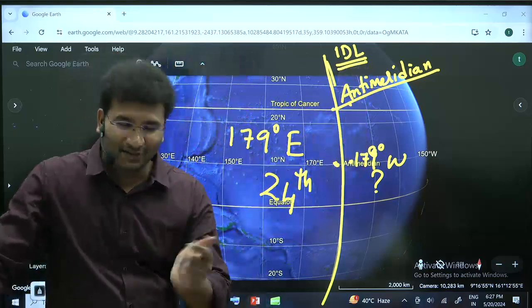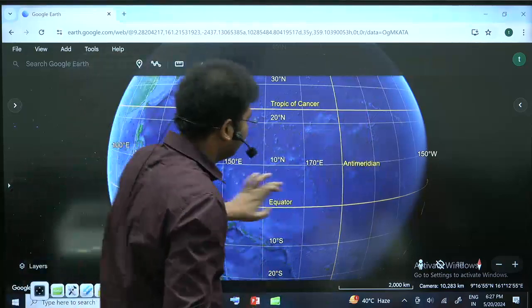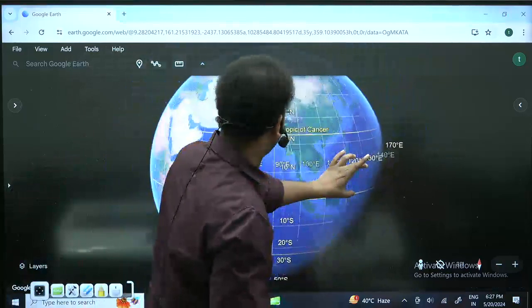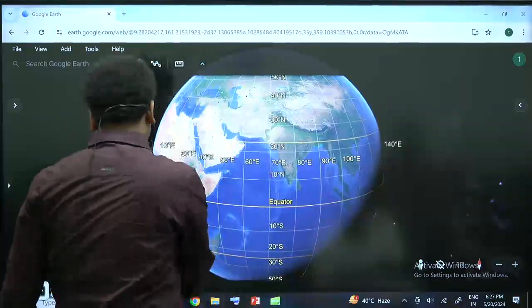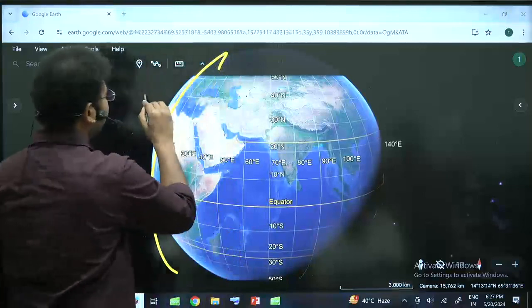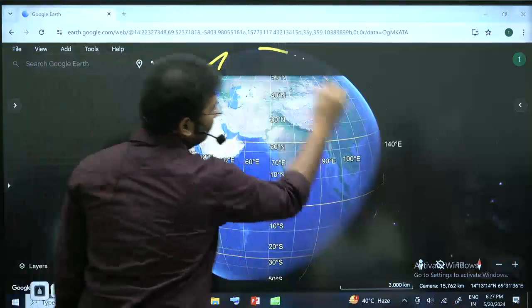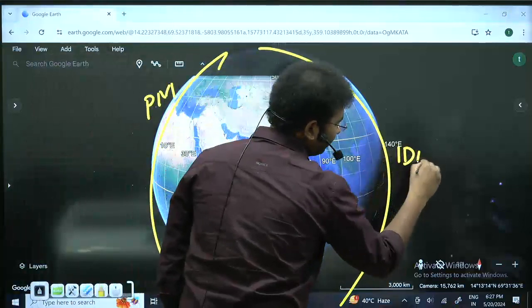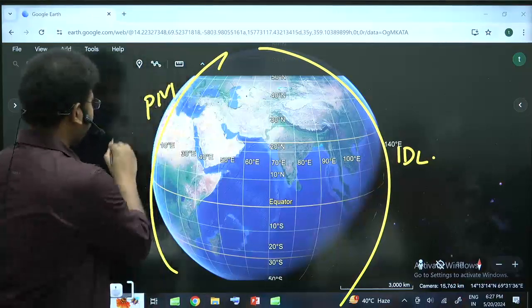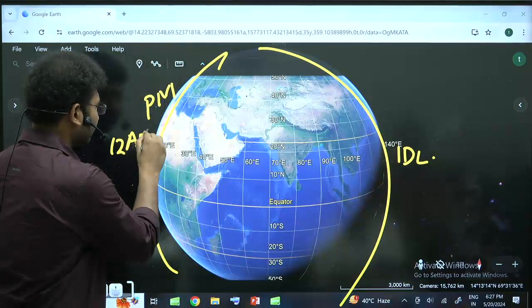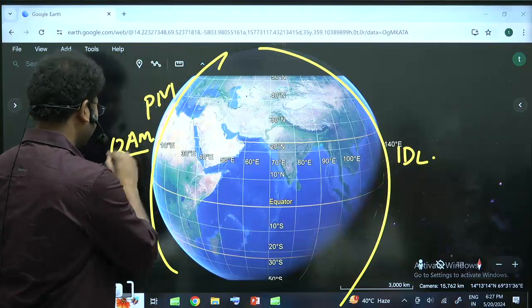Let's solve this. See, if this is the prime meridian and this is the IDL, okay? If time is 12 a.m. here, okay, I'll come the other way.